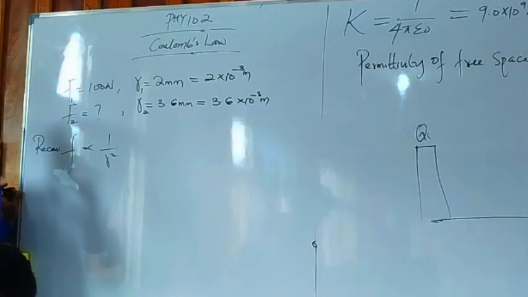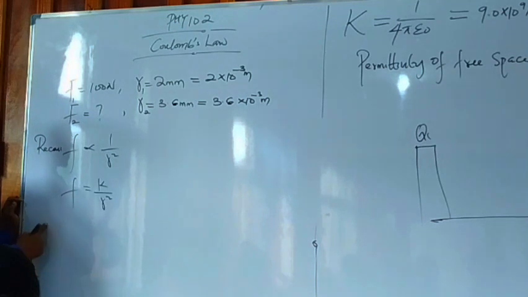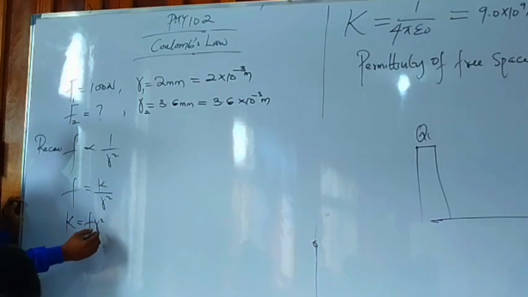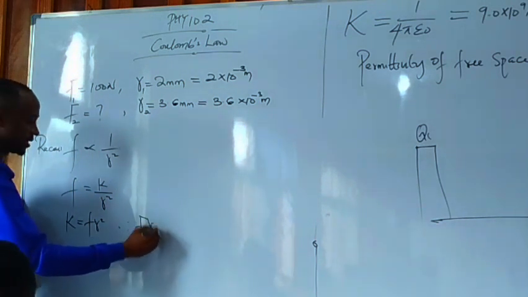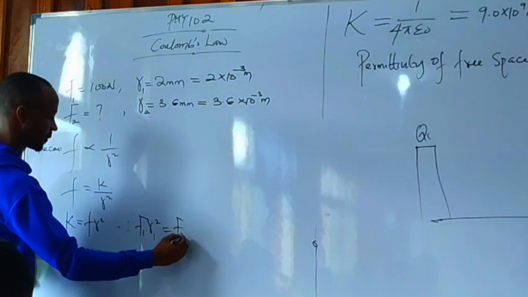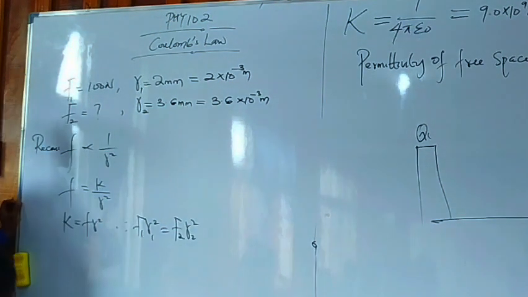Am I communicating? So our force is equal to K over R square. So K is F R square, right? Therefore, we can say that our F1 R1 square equals F2 R2 square.